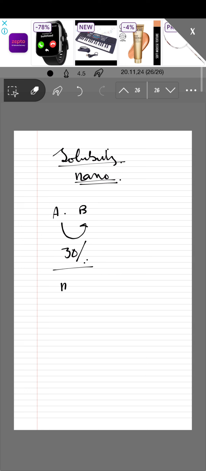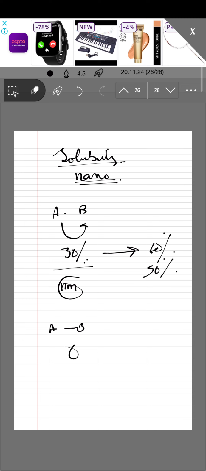But taking this material into the nano regime, this has been found to increase to a much higher percentage, say 60 or 90%. And most interestingly, there were many alloy systems where the solubility was zero. That is, the alloy could not dissolve into this A. In this case, taking into the nano regime has made them soluble. This is a very important aspect of solubility in nanomaterials.